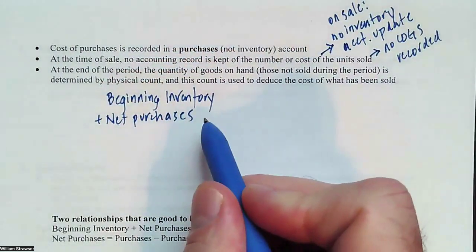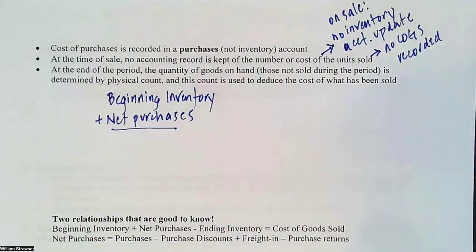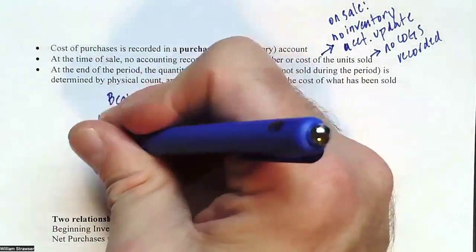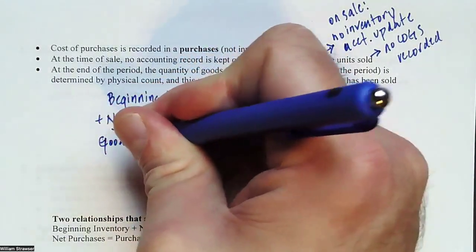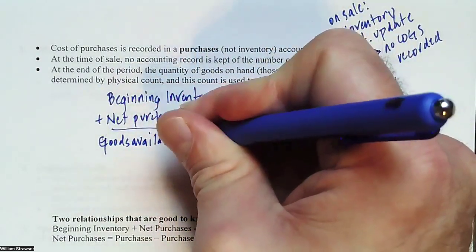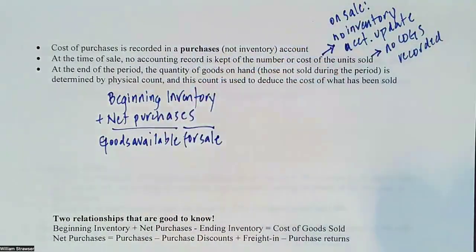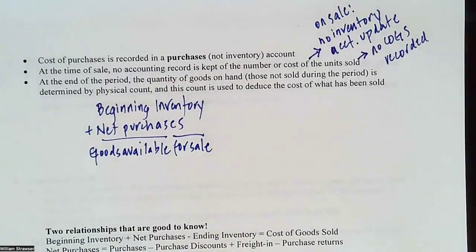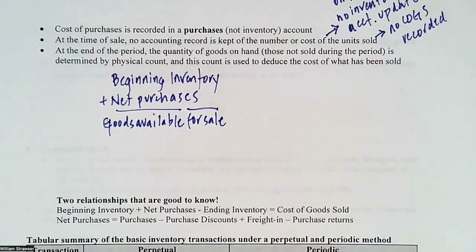So if we have what we began with and then add in whatever we've accumulated over the period, that gives us something called goods available for sale. And this is a good number to have under any inventory method. And we'll talk a little bit more about why as we get into cost of goods sold more specifically.